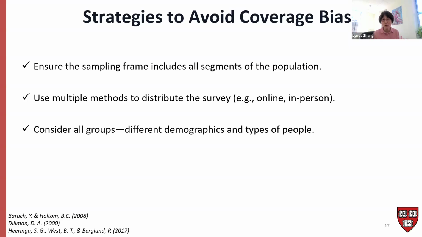The second way is to share the survey in multiple ways, such as email, online, and campus events, to reach them as much as possible, and to consider all different demographic groups and all different types of people.